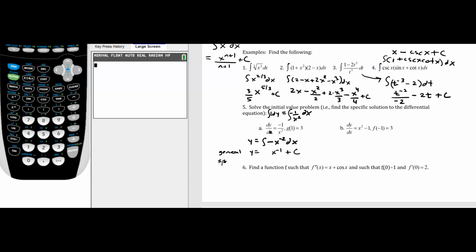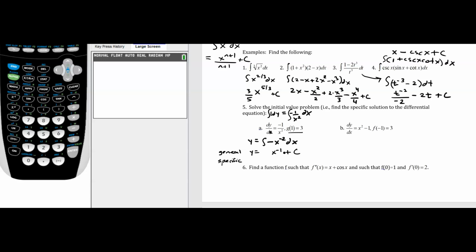So if I want the specific solution, basically we're saying let's plug this point into the function. 1 is going in for x, 3 is going in for y, and then we can figure out what c is. If I plug in 1 for x, 1 to the negative 1 is just going to be 1. And I plug in 3 for y, then you'd have 1 plus c is equal to 3.